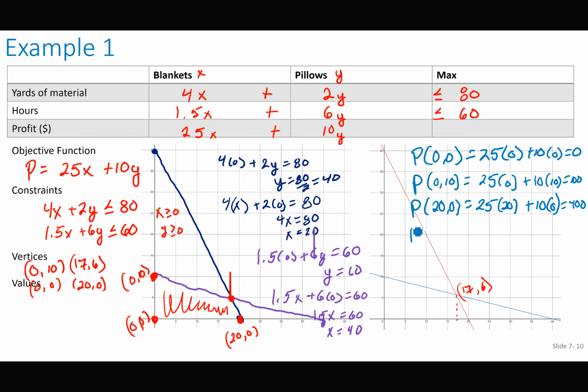And then my last one of 17 and 6 be 20 times 17 and 10 times 6. 20 times 17 plus. This one ends up being 400 as well, but again, we approximate a little bit.